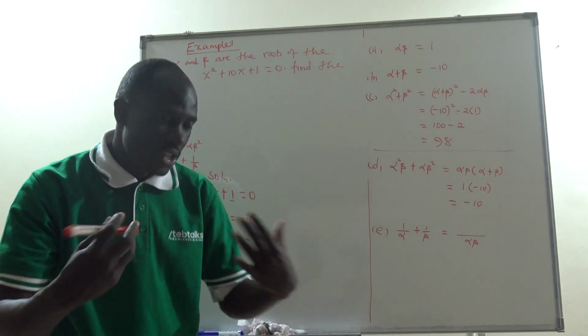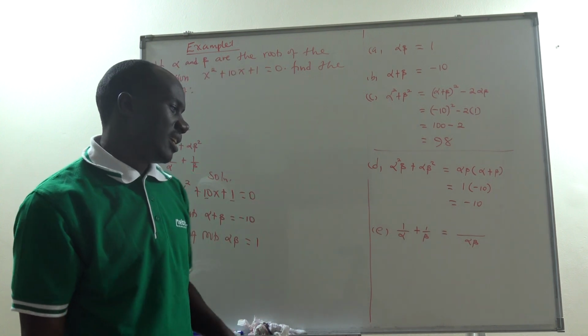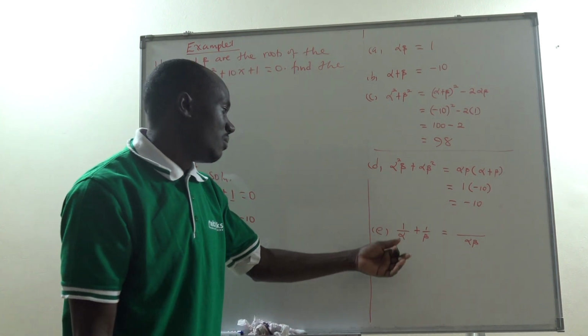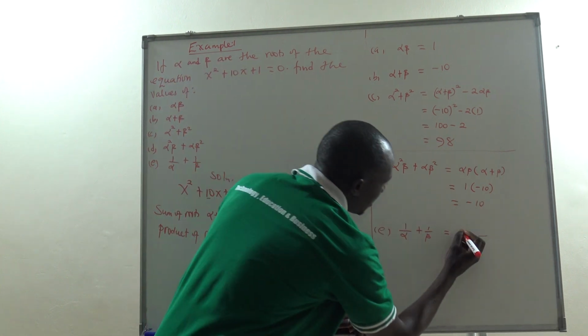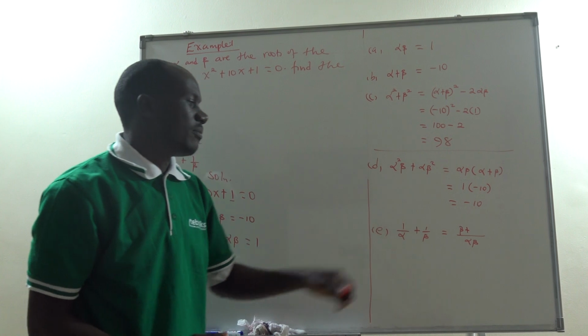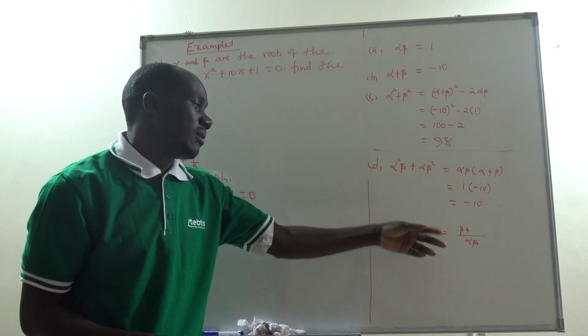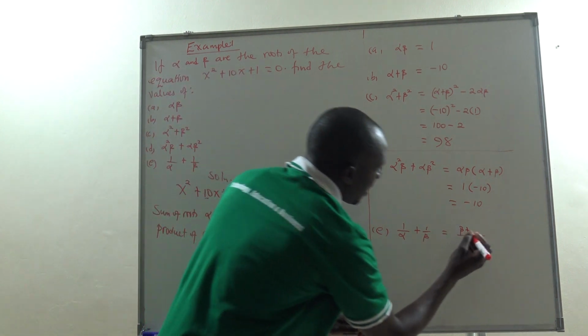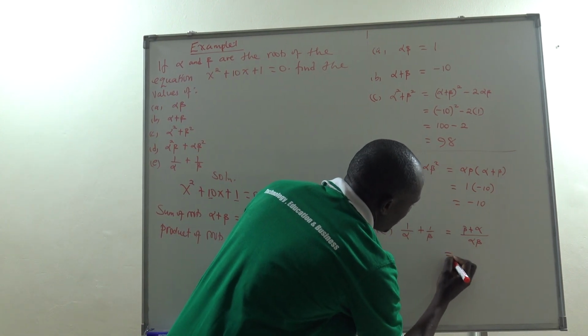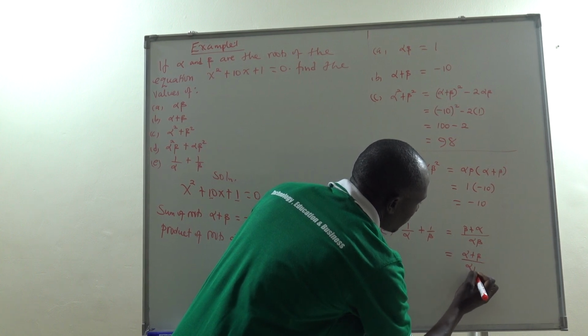So we go on as usual. Alpha beta divided by alpha, what are you getting? I'm coming out with beta. Then beta times 1, I'm getting beta. Then plus alpha beta divided by beta, we are getting alpha. Alpha times 1, we are getting alpha. So this one becomes alpha plus beta all over alpha beta.